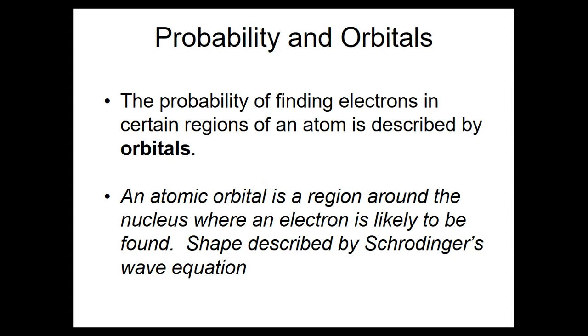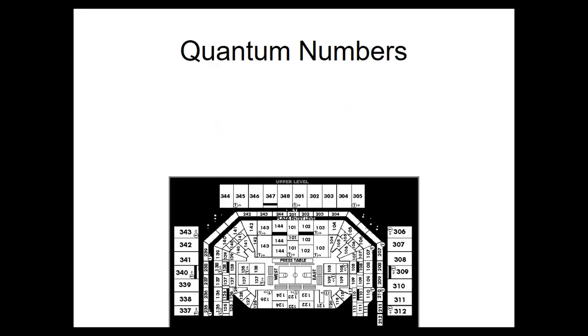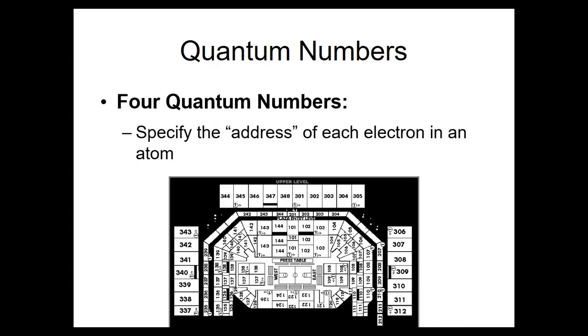The shape of this orbital is described by the equation I just showed you, a Schrodinger wave equation. So the 4 variables are kind of like parts of an address for the atom. Just like when you look at your address, you have your street number, you have your street name, you have your city, you have your state, and if you were sending it abroad, you would also have the country.